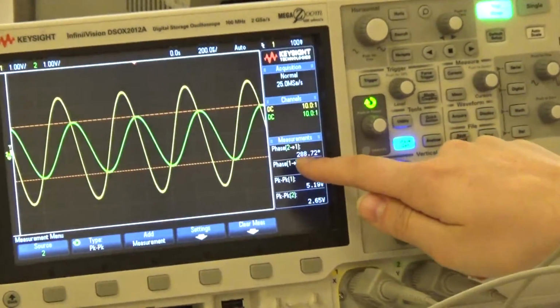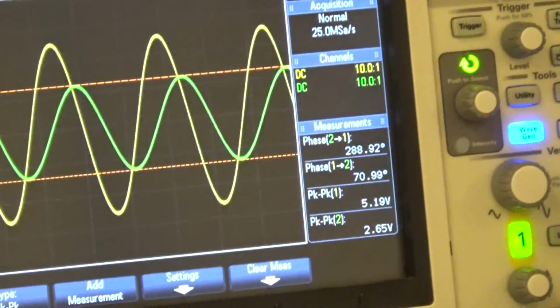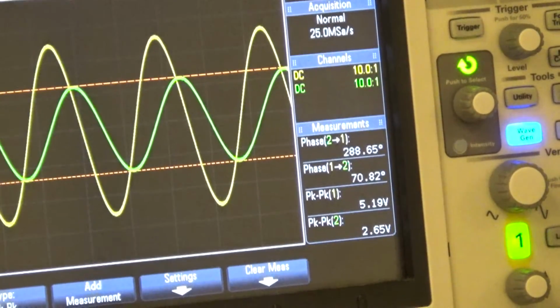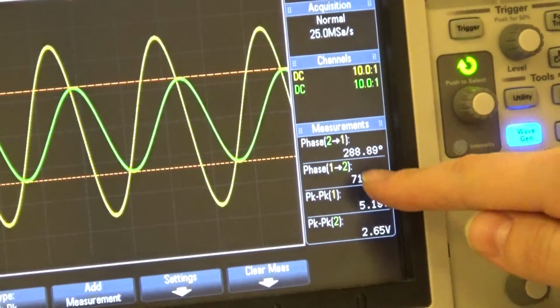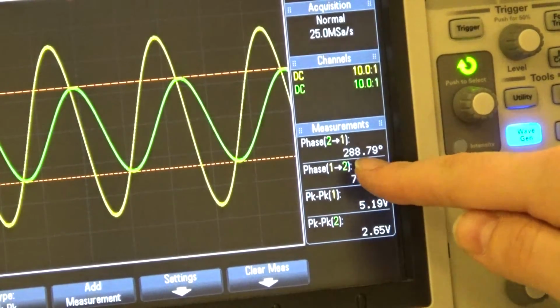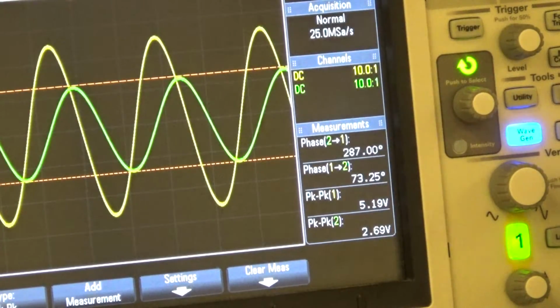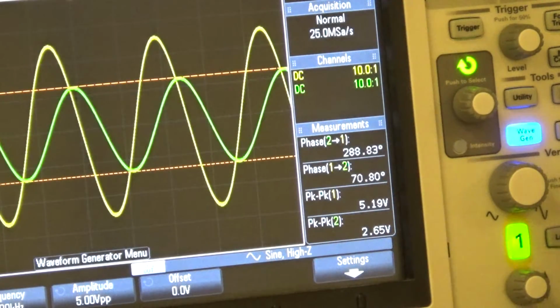As you can see, it has 288 degrees phase difference, and it corresponds to about minus 70. From looking at the phase 1 to 2, input to output, we can just take the negative value of it. So let's sweep the frequencies again and see how the phase is changing.